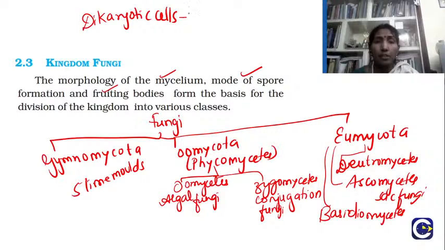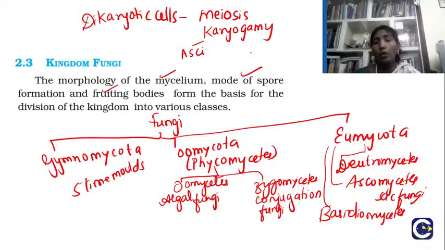That will be the place for meiosis, where the diploid nucleus starts the meiotic division, and they will have karyogamy also. From the ascus mother cell, the asci are formed. That is peculiar to that particular ascomycete. Do you understand? That is the ascus mother cell. Able to follow?